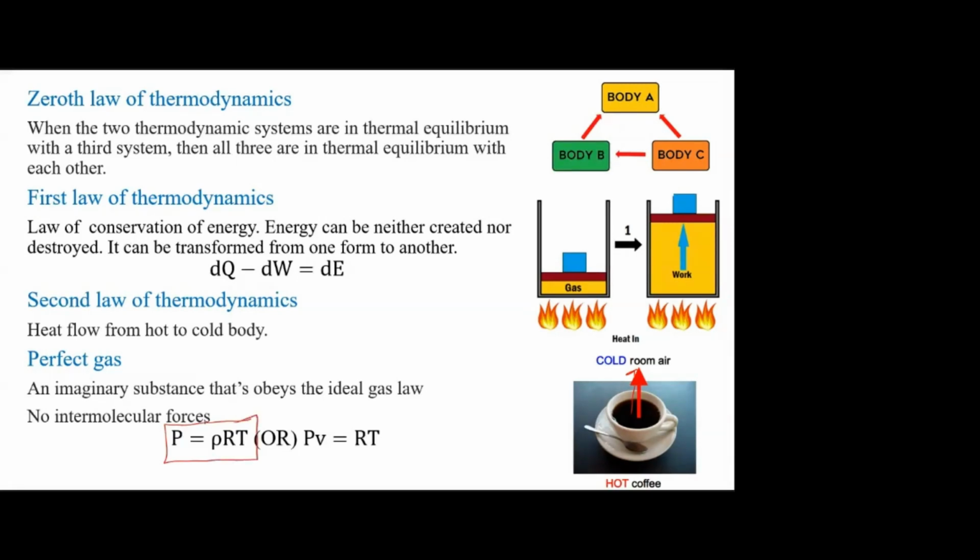Mostly all the light gases like oxygen, nitrogen, air, etc., their properties can be calculated using this perfect gas calculation. But heavy gases like refrigerant and water vapor cannot be included within that, so that calculation will not be correct. But for all other gases, the properties can be calculated using this perfect gas assumption. So P is equal to rho RT.